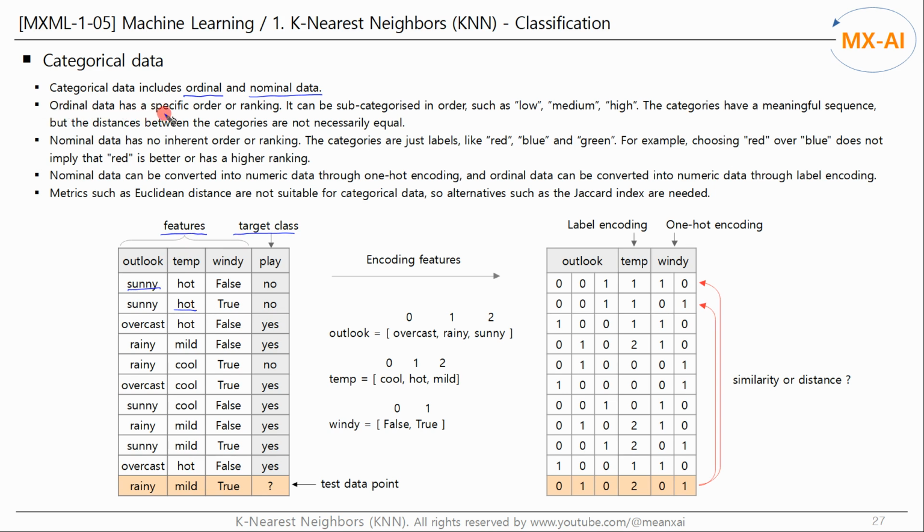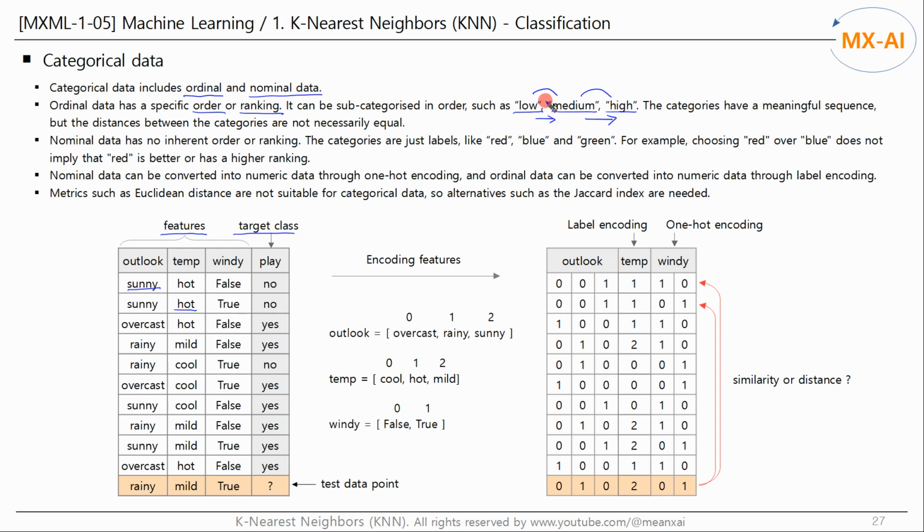Ordinal data has a specific order or ranking. It can be subcategorized in order such as low, medium, high. The categories have a meaningful sequence, but the distances between the categories are not necessarily equal.